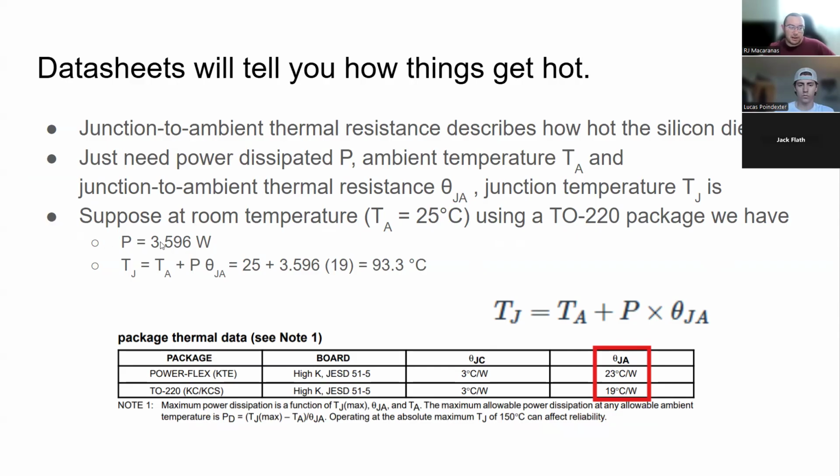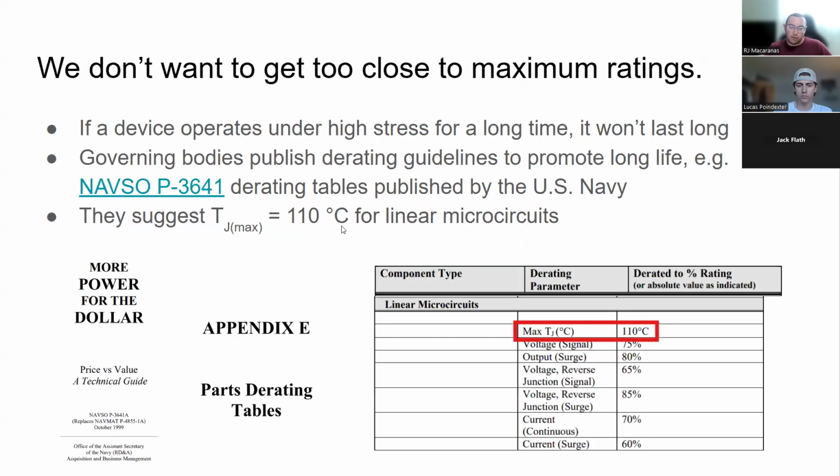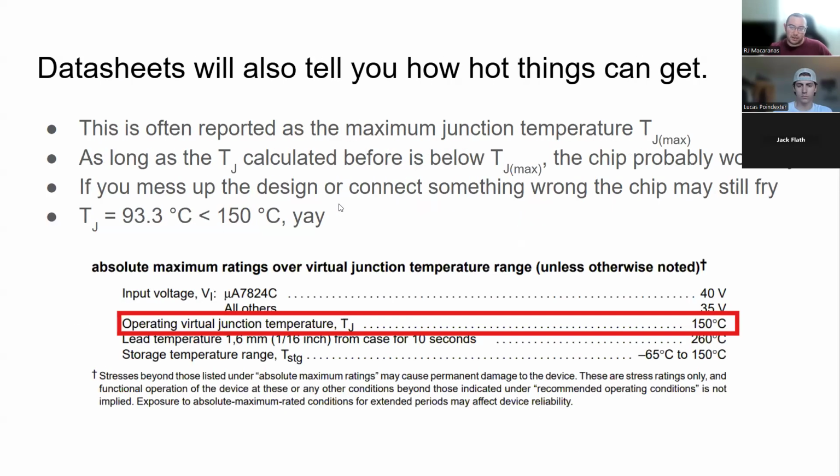If we have this power loss of 3.596 watts, then our junction temperature, the temperature of that silicon die, is going to end up being 93 degrees Celsius, and that's pretty hot. But apparently that's not hot enough to break the device. The actual maximum operating junction temperature for the 7805 is going to be 150 degrees Celsius.